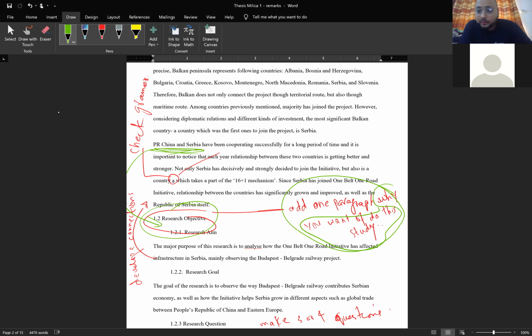So it is important for the author to explore these further, and hence we develop a research objective, which will be discussed as follows. So it creates a very nice connection between paragraphs as well, right? You understand my point?